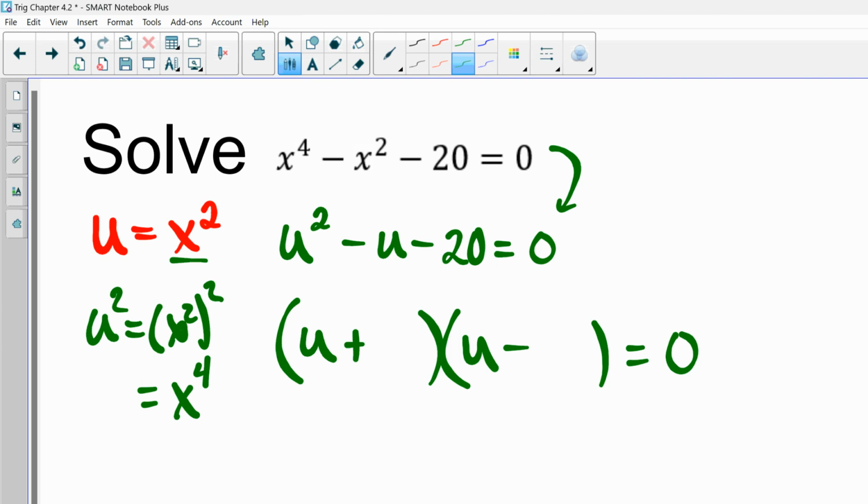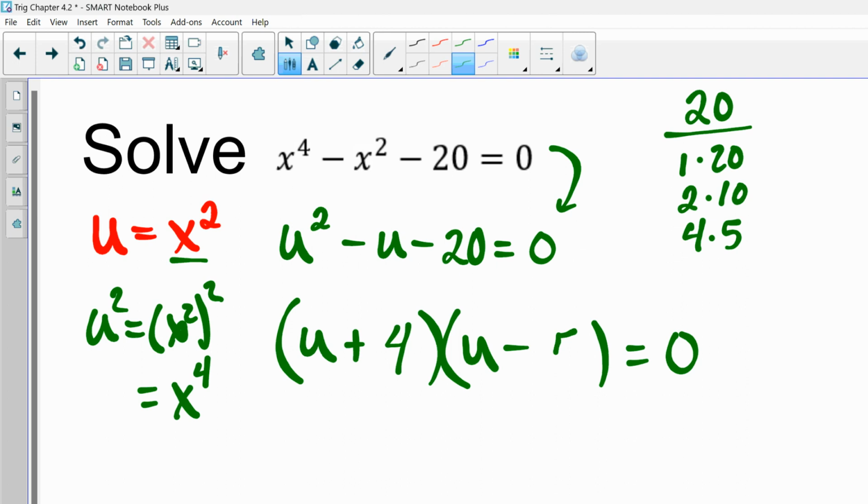Factors of 20, we have 1 and 20, 2 and 10, 4 and 5. The first ones we can try first are 4 and 5. I'll make 4 positive and 5 negative.